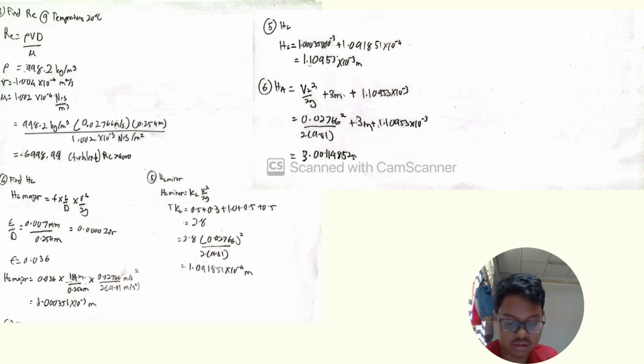After obtaining HL major, we can obtain the HL minor. After we obtain both HL major and HL minor, we can obtain HL by adding up both. Then we can calculate HA, where HA equals V2 squared over 2G plus height plus HL.